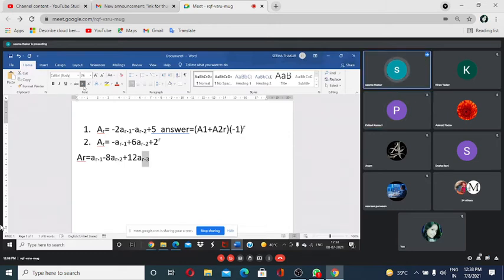Okay. So what will be the root? What will be the root for this equation?